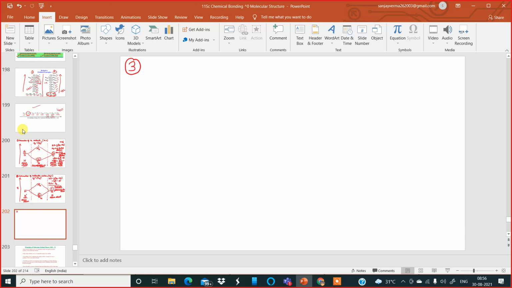The third one on the screen, the next one, is the molecular orbital diagram for the hydrogen molecular anion. Anion is negative charge, so I'll write H2 minus.